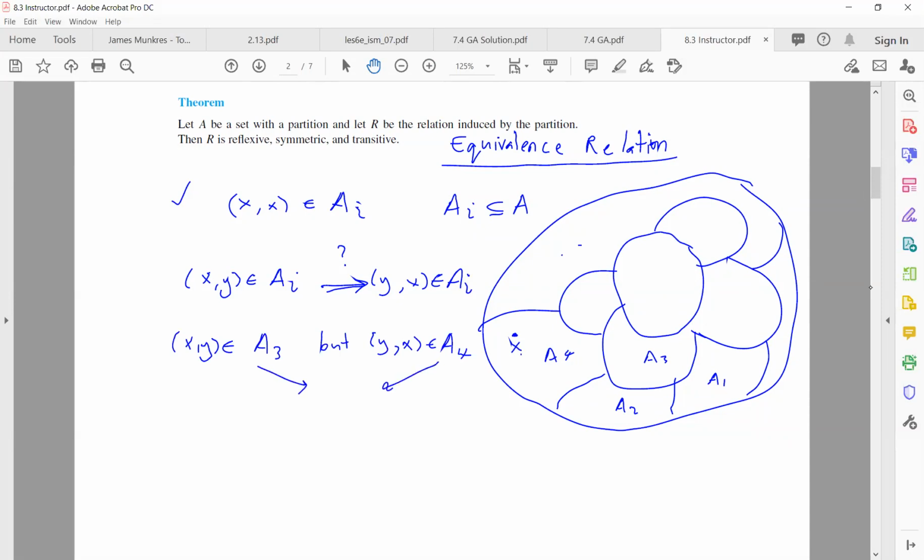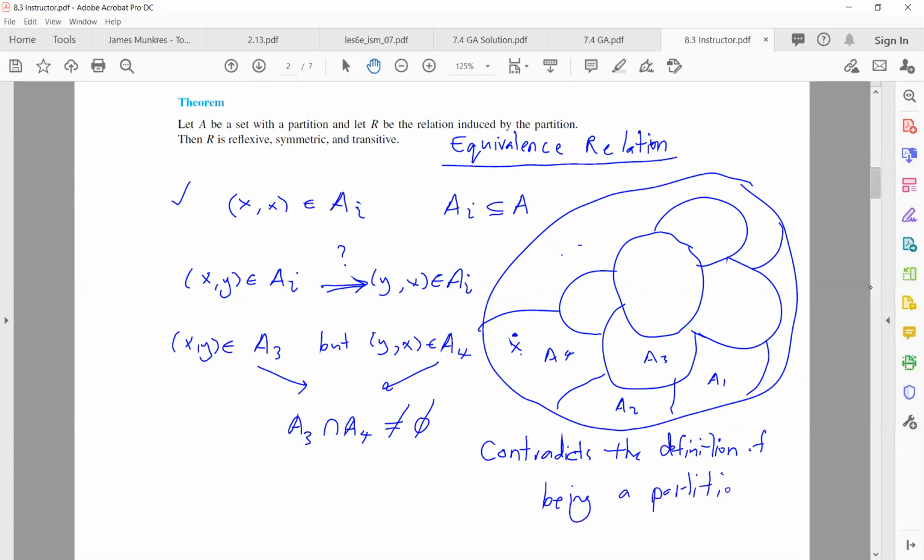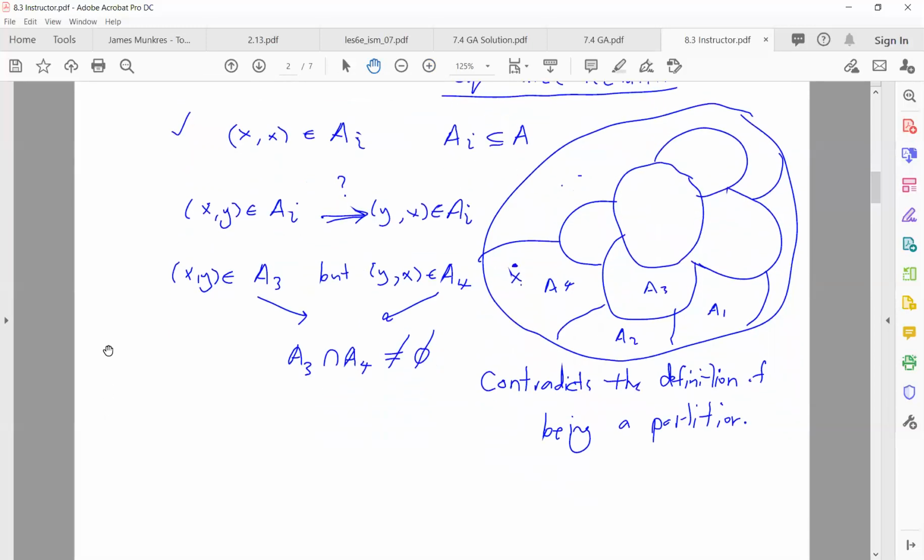It means that A sub 3 intersection A sub 4 is not empty. Then it contradicts the definition of being a partition. So there is no way the same member, X and Y, and its inverse are in two different subsets. So definitely it is symmetric.